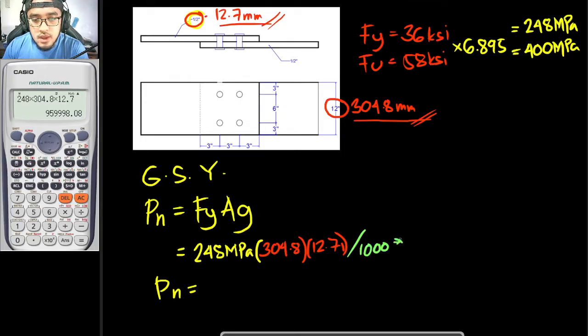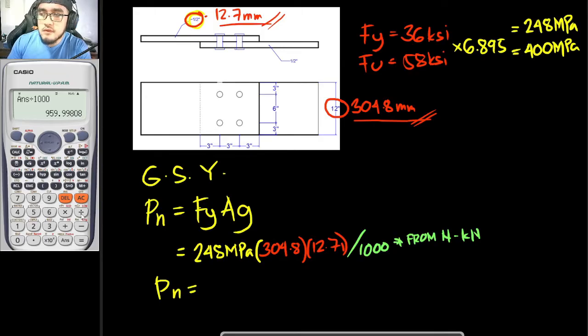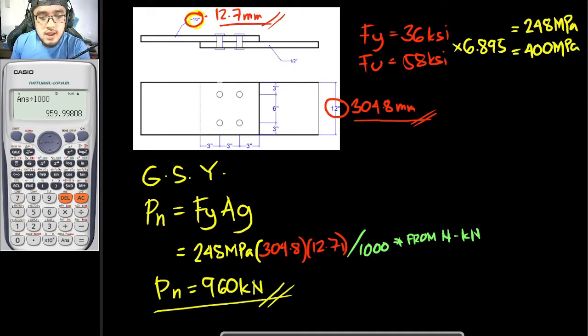So from Newton to kilonewtons, dividing this by 1,000, we would be arriving at an answer of, round na natin, 960 kilonewtons. So this is to be our nominal strength for our cross-sectional yielding.